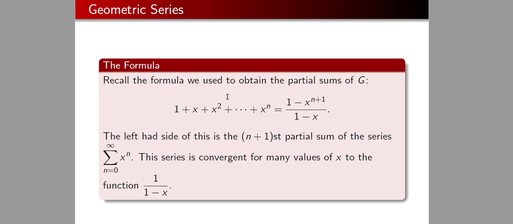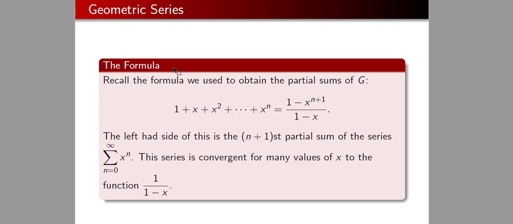Recall the formula we used when we obtained our partial sums for our geometric series G. We had that 1 plus x plus x squared, etc., up to x to the nth is equal to the fraction with 1 minus x to the n plus first power in the numerator and 1 minus x in the denominator.